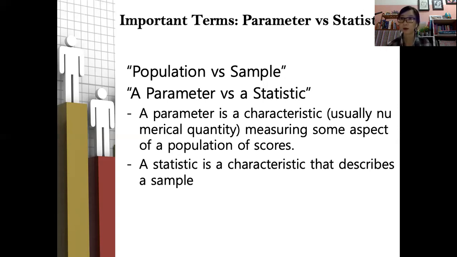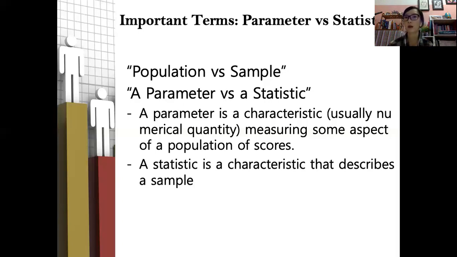If you read this book, our main reference, of course you have read this because your previous reading assignments were from this book, right? So you also find the term parameter and statistics in chapter 2, the basic concepts in statistics, yeah?